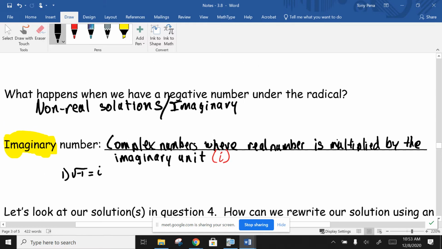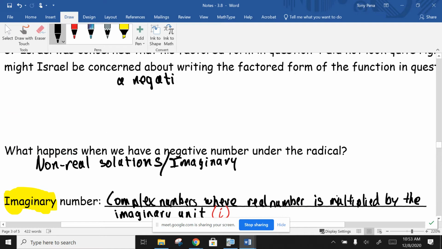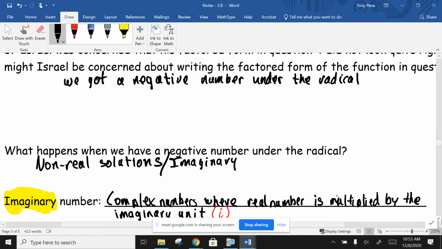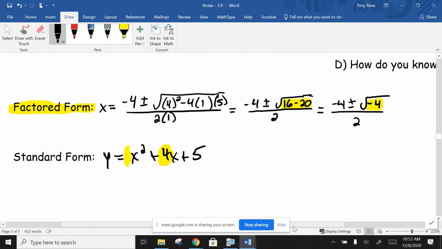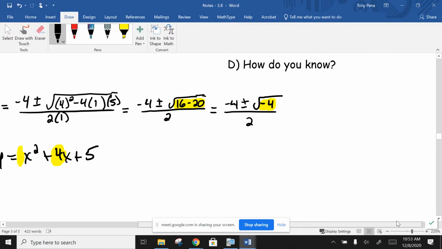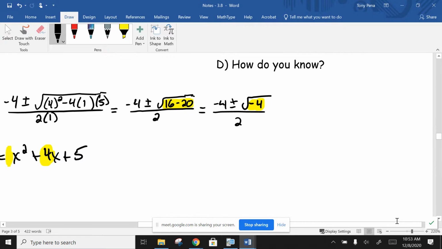So how does that then relate to the problem that we were actually trying to solve a minute ago? So let's go back to number 4, and let's now finish this the way that in the future I would expect you to finish this. Okay? So we now know that we can handle this. So we want to go ahead and do this final step. We're going to take our -4, just like we would have before, plus or minus.